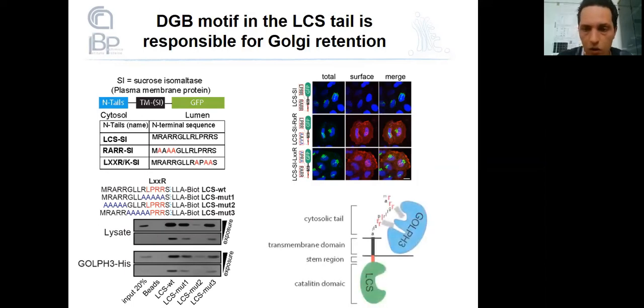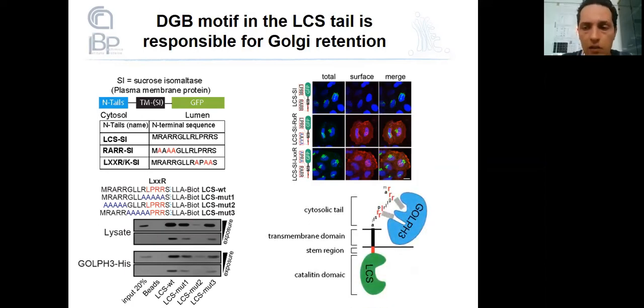To cut the long story short, we found that GOLPH3, in order to interact with lactosylceramide synthase, requires binding not only to the LLXRK motif, but also to the pool of arginines in the most N-terminal part of the enzyme. Interestingly, all the enzymes that are clients of GOLPH3 share this dual GOLPH3 binding motif.